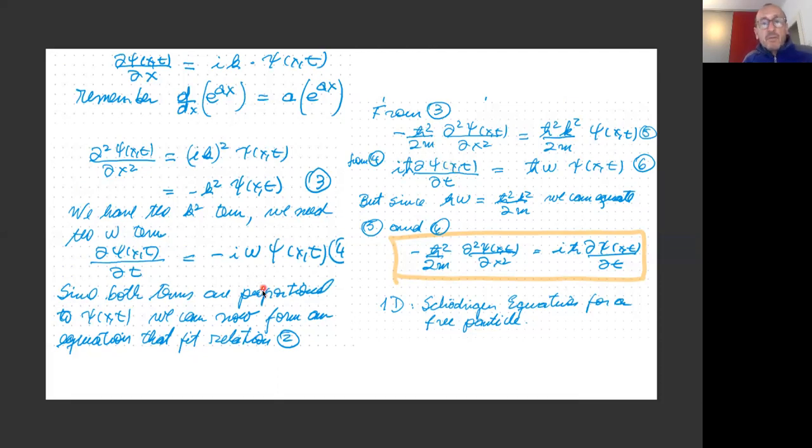From equation 4, if I multiply this expression by i, i times i is minus 1, times the minus sign, it gives me a plus sign. So i h bar times the first derivative of the wave function with respect to time provides an expression that is h bar omega times phi of x and t.